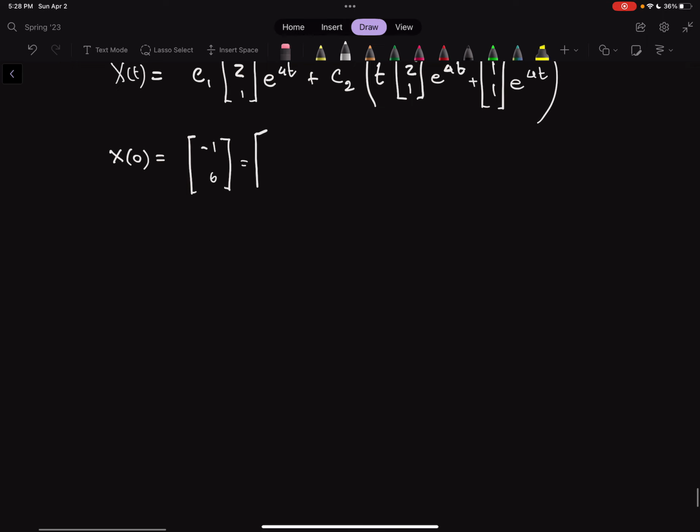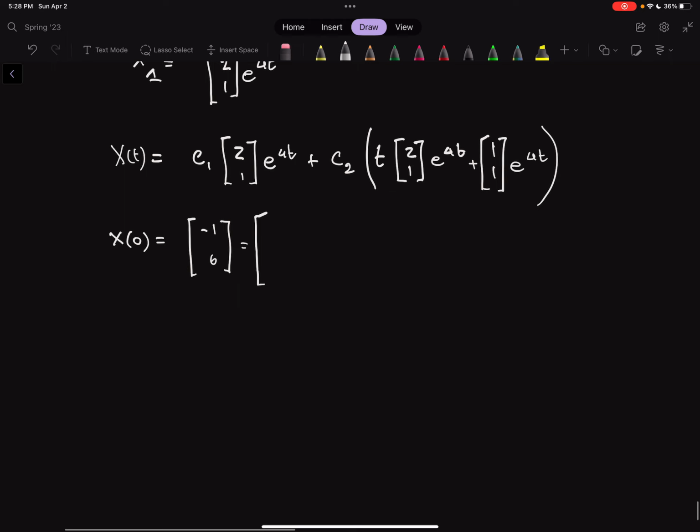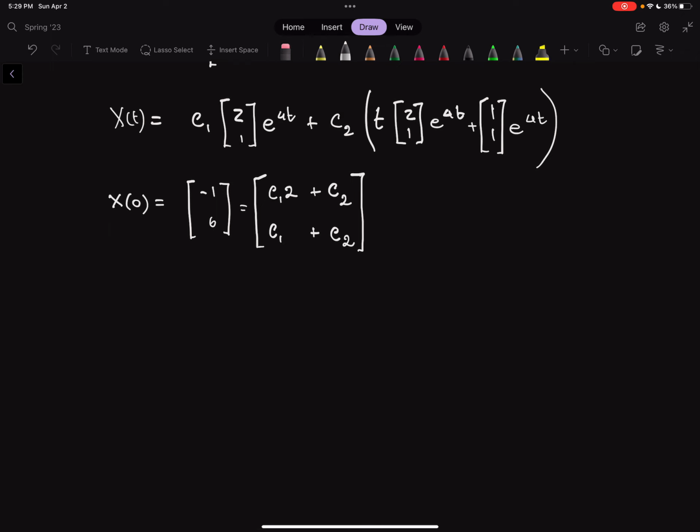And that's equal to, let's see, C1 times 2, 1, e to the 4 times 0, that's just 1, plus C2, this term just goes to 0 because it's multiplied by t. And then we have C2 times 1, 1 times e to the 0. And then at the bottom we have C1 multiplied by 1 plus C2 multiplied by 1 again.